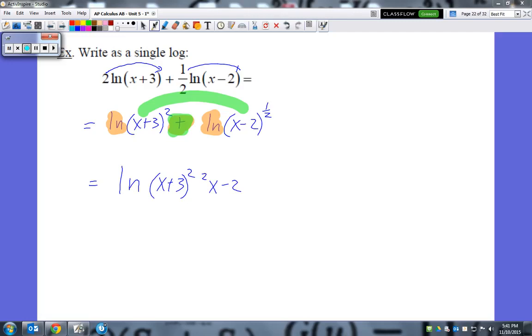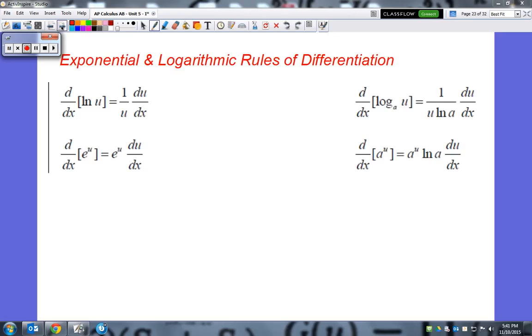So all that multiplied, it's basically the natural log of that product: x plus 3 squared times that square root of x minus 2. And we could stop there for just review purposes as far as writing it as a single log.